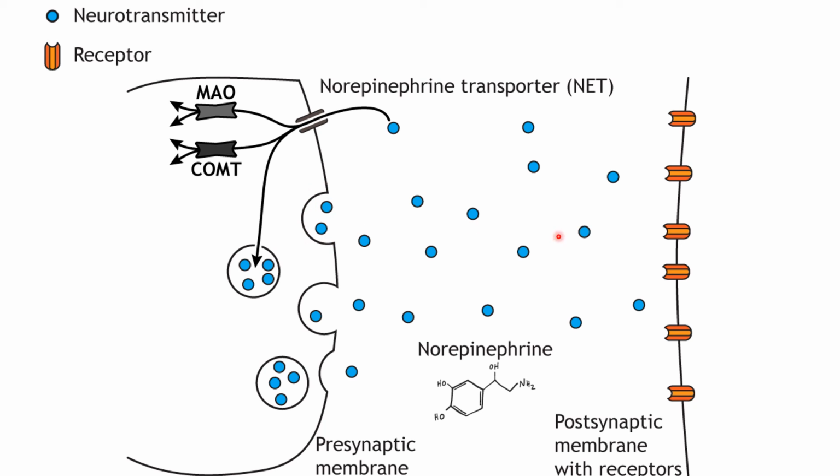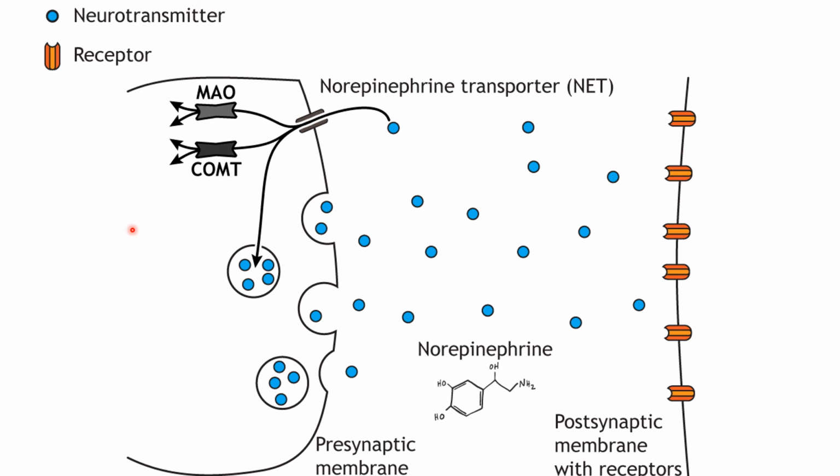So it releases neurotransmitters in the synapse now to act on the receptors that are located in the postsynaptic membrane. Not all of the receptors will be able to bind, and some of the norepinephrine will be broken down, and some will undergo reuptake into the presynaptic nerve.